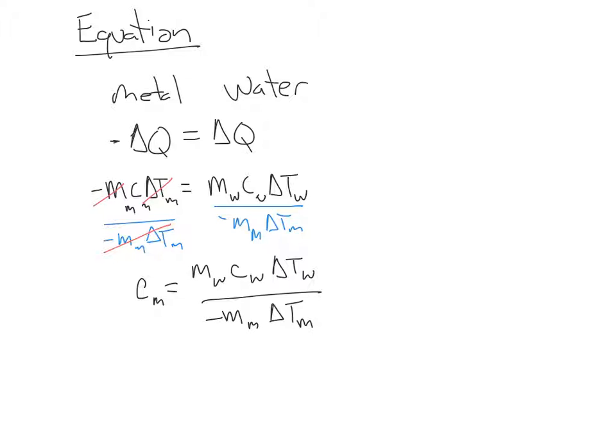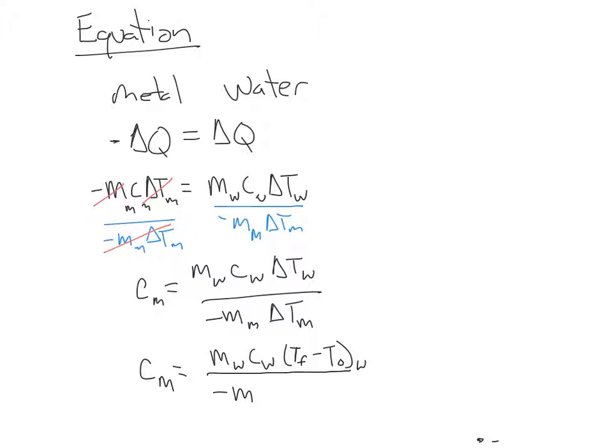All right. One last thing: change in temperature can be thought of as a final minus an original, and those are the two pieces of information I'm given. So let me get my pen here. Specific heat of metal equals mass of the water, specific heat of the water, and this will be my temperature final minus my temperature original, and that's all for the water.